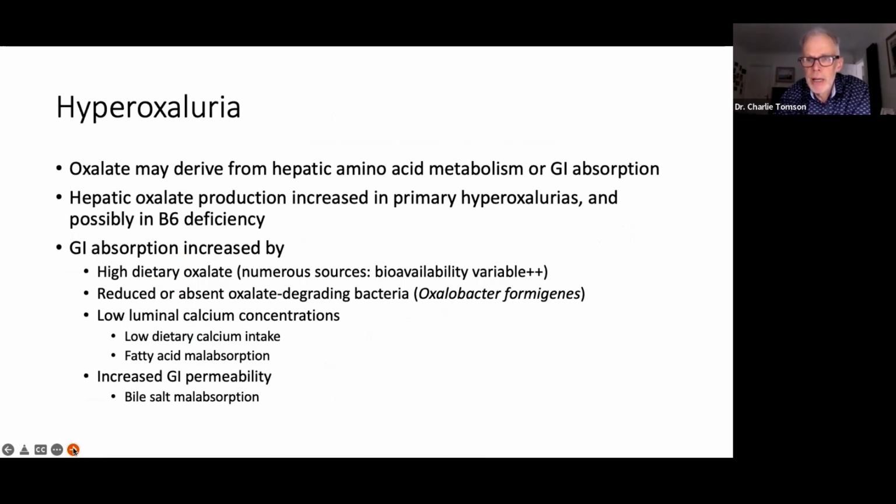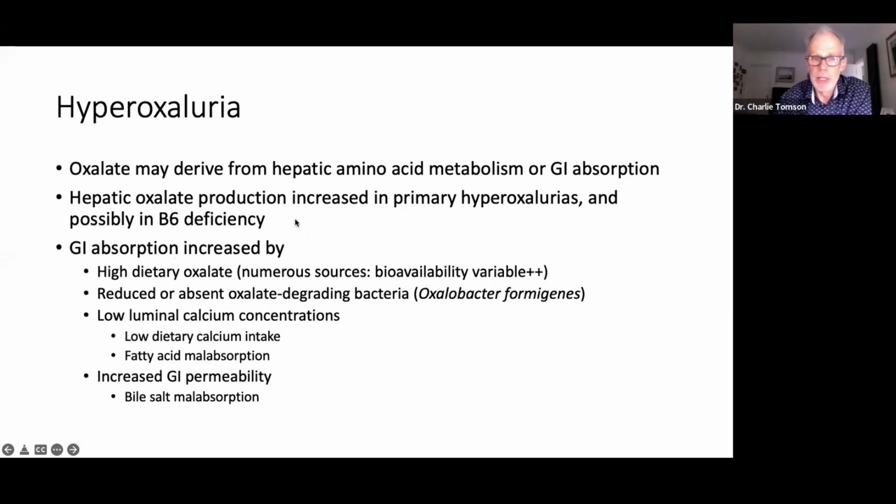Hyperoxaluria is the other main metabolic risk factor for calcium oxalate stone formation, and oxalate metabolism is complicated. I did my research thesis on this, and I've listed some of the ways in which an increased urine oxalate may occur. For standard calcium oxalate stones, it's probably most important to consider GI absorption. Primary hyperoxaluria is very rare.